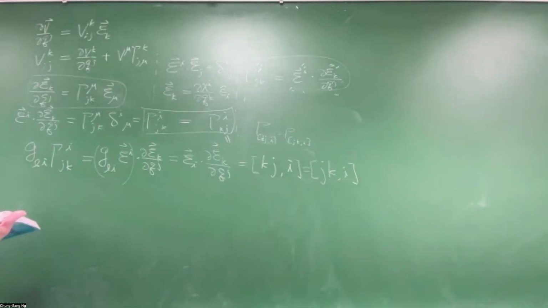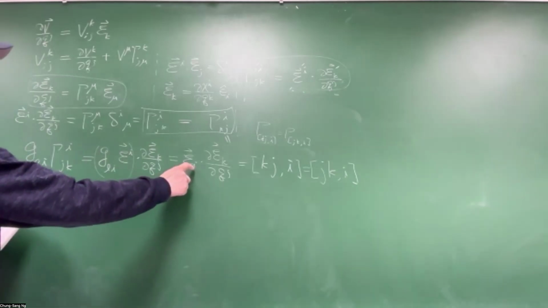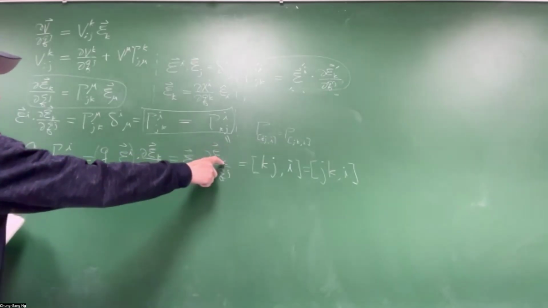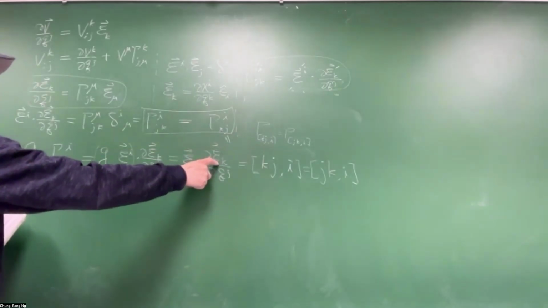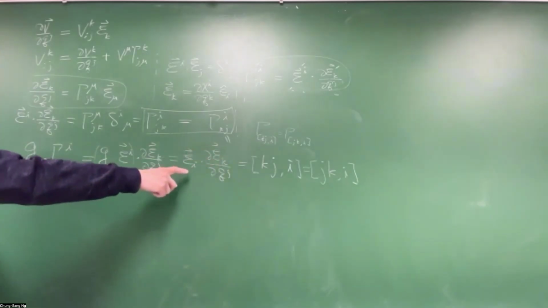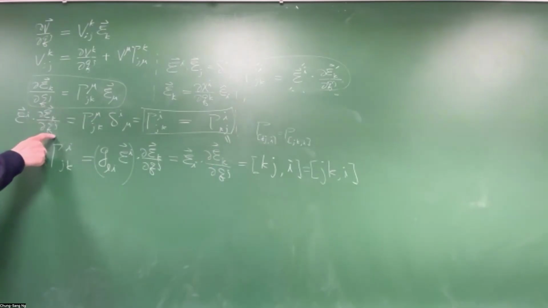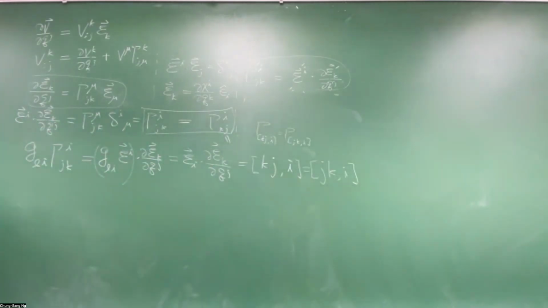This first kind involves a dot product with the covariant basis. The derivative of the covariant basis is dotted into the covariant basis. The second kind is the derivative dotted into a contravariant basis. That's the difference.